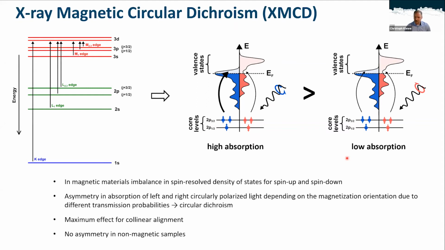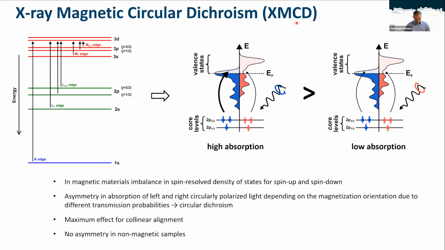And this effect, this difference between the absorption for different circularly polarized lights, is called X-ray magnetic circular dichroism, or short XMCD. And this effect is maximal for a collinear alignment between the photon helicity and the magnetization orientation.